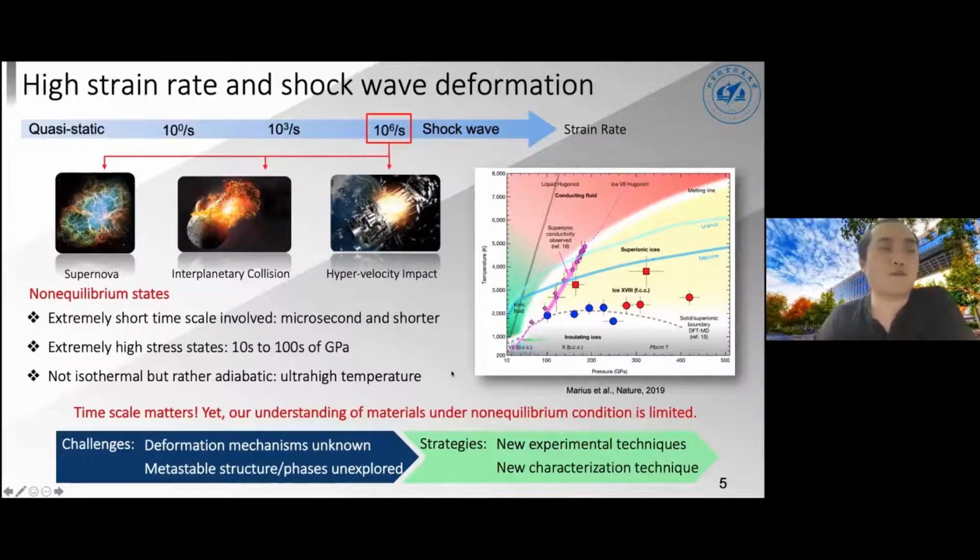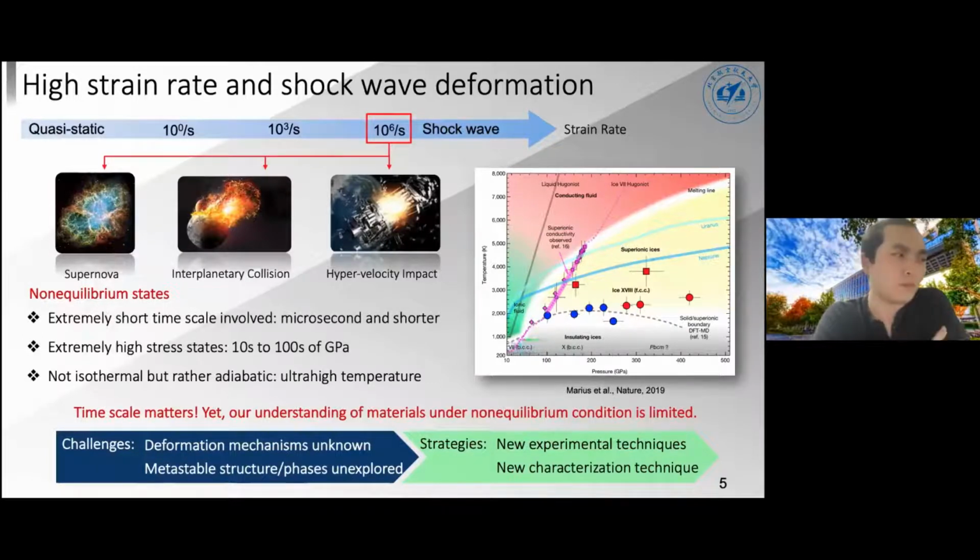And this is very normal in our universe, right? From supernovae to interplanetary collisions, and also hypervelocity impacts. For example, our space exploration devices are threatened by all the space debris, which is flying around the orbit at extremely high speed.